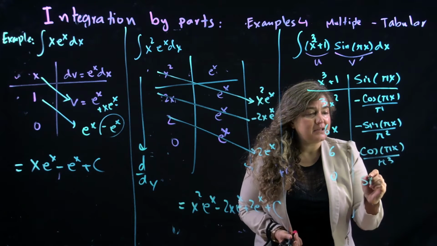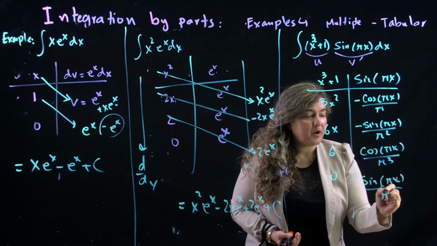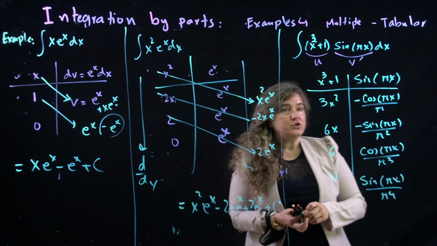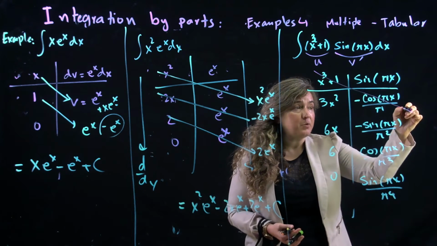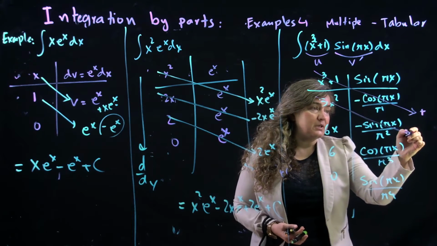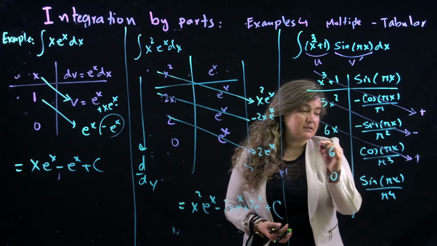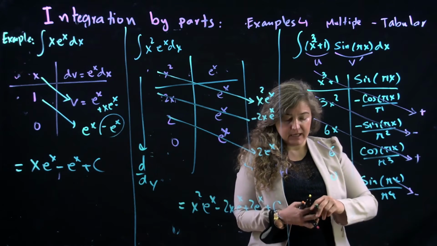The antiderivative of that is sine of pi x divided by pi to the fourth. And now, what you do is go diagonally: this one is going to be a plus, this one is going to be a minus, alternating plus and minus. And so what do you get?